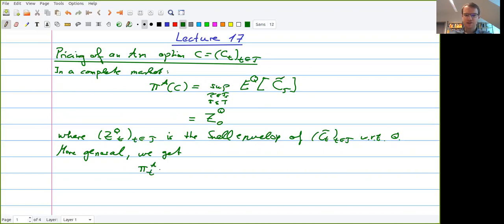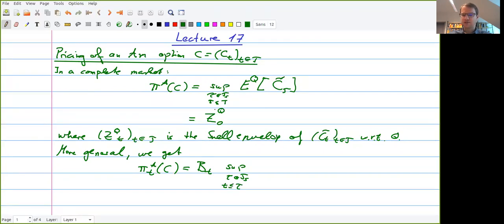So the arbitrage-free price, if we are at time small t, of the American option, now you won't be surprised. You only need to take into account the discounting factor, the risky asset. Well, it's exactly the same: you take all stopping times, which are now assumed to be bigger or equal than t, right?